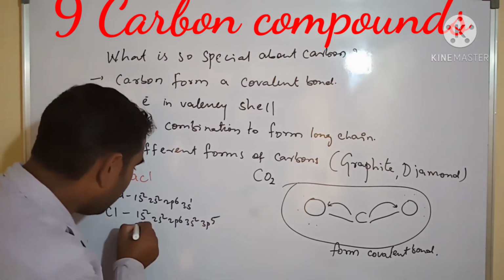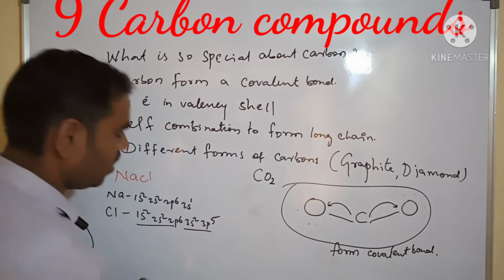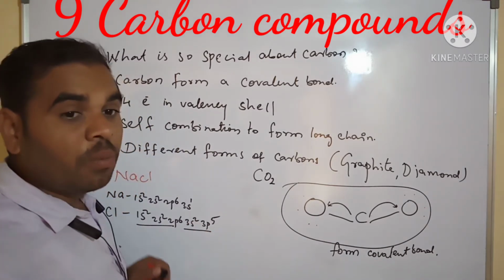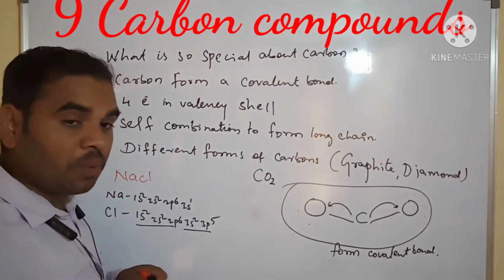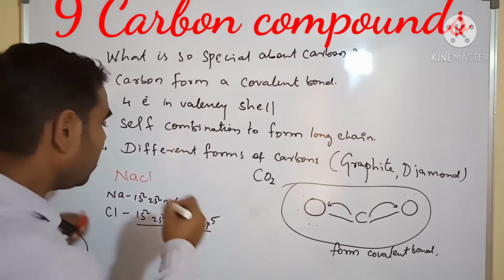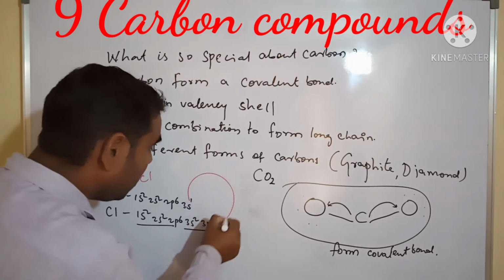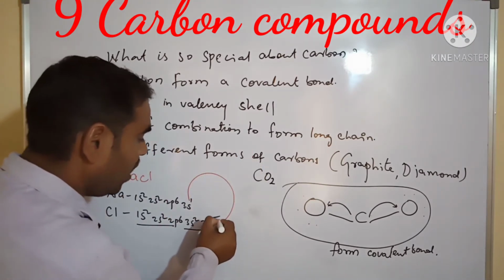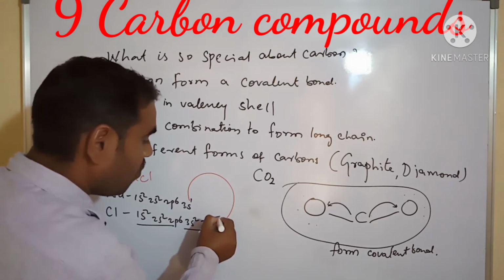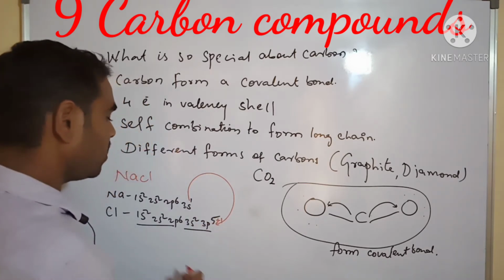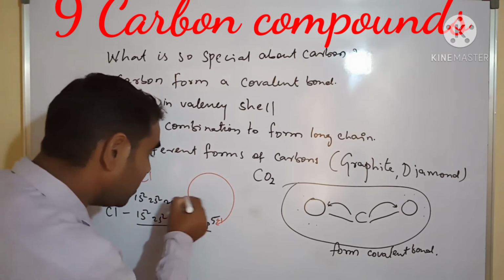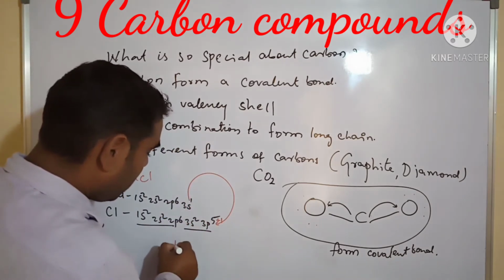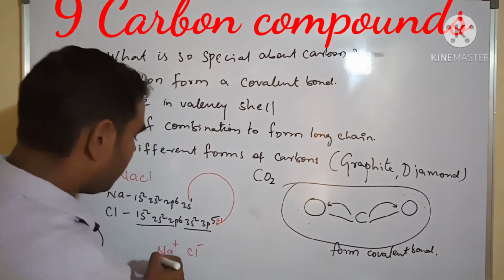The outermost electronic configuration should be an octet. Here one electron is given to chlorine, and chlorine gets 5 plus 1 equal to 6 in that subshell, so it becomes negative. We have Na plus and Cl minus.